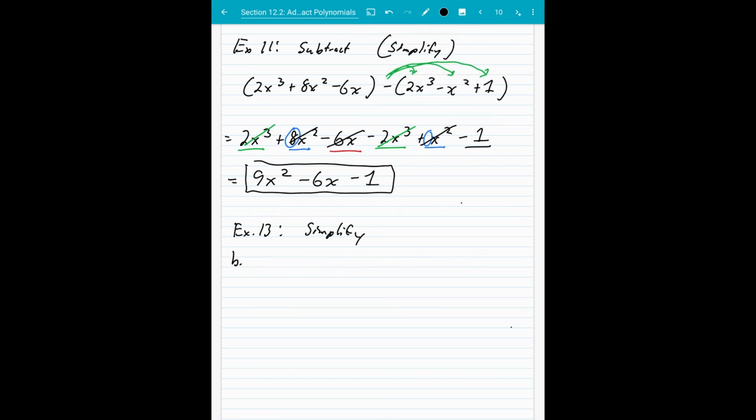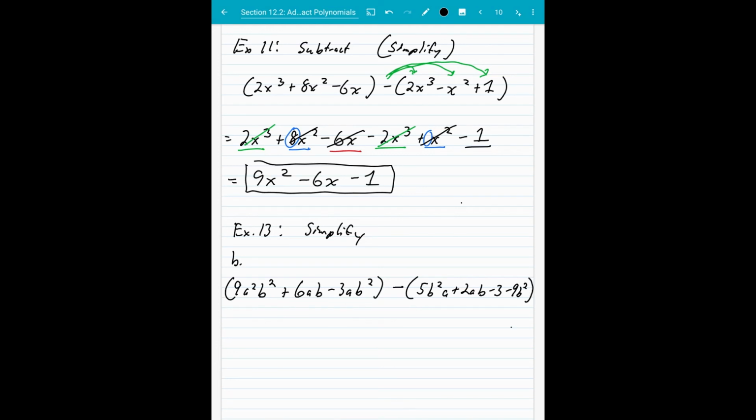Here's letter B: 9a squared b squared plus 6ab minus 3ab squared minus 5b squared a plus 2ab minus 3 minus 9b squared.